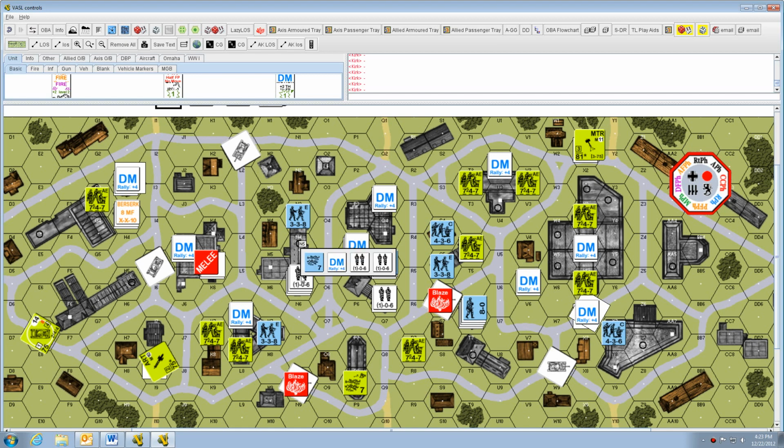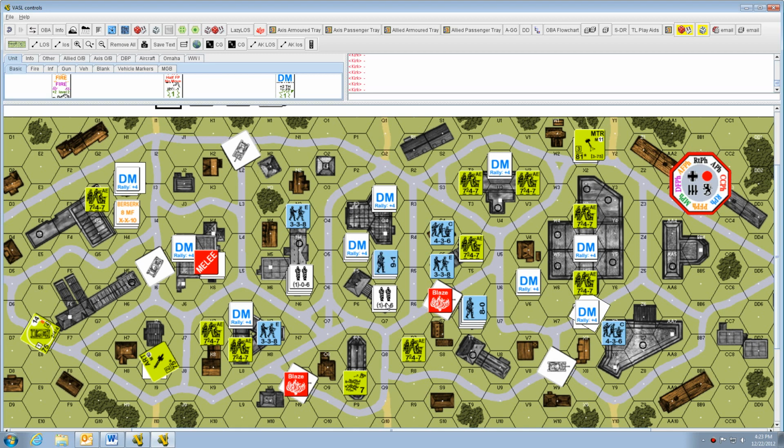You can see we actually have some units that are already prisoners on the board here, and you can see that in Q6 here we have an American half squad that is a prisoner to a German 338 half squad as well. And over here in N5 we have a broken German unit that has two prisoner units that are two half squads as well.